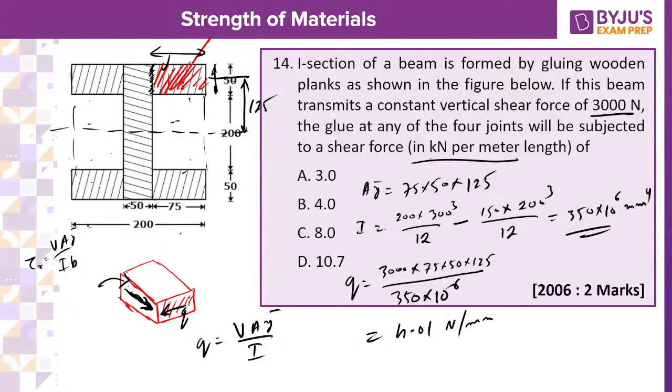He is asking in kilonewton per meter length. So for kilonewton you just divide by 10 to the power minus 3. mm is already there, no? 1 mm is equal to 10 to the power minus 3 meter, and 1 Newton is equal to 10 to the power minus 3 kilonewton, so that will get cancelled, and I can directly write it is nothing but 4 kilonewton per meter, approximately.